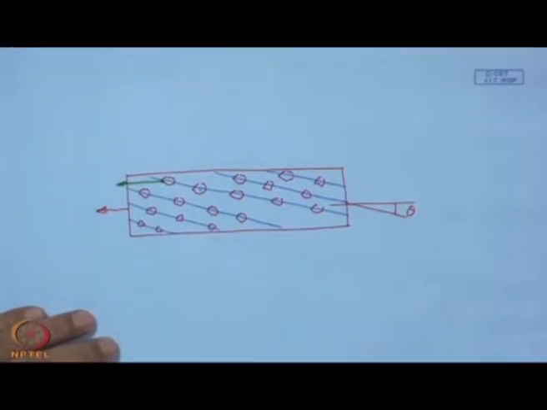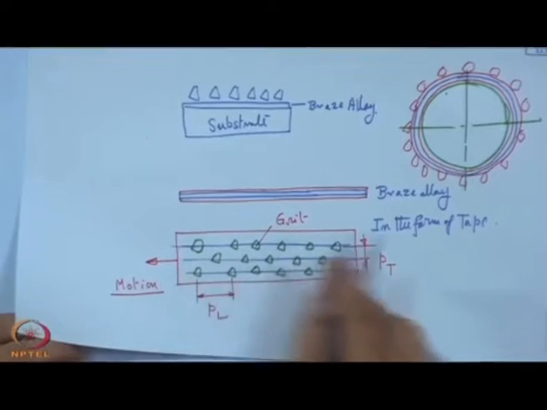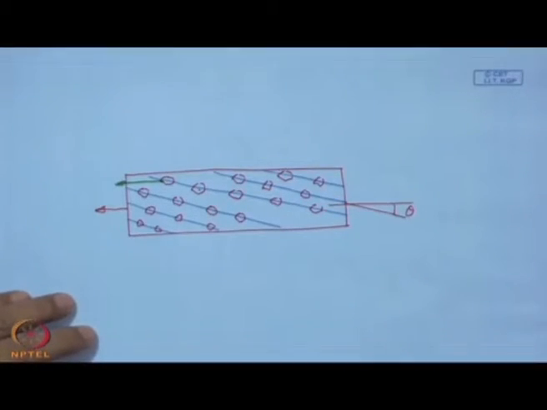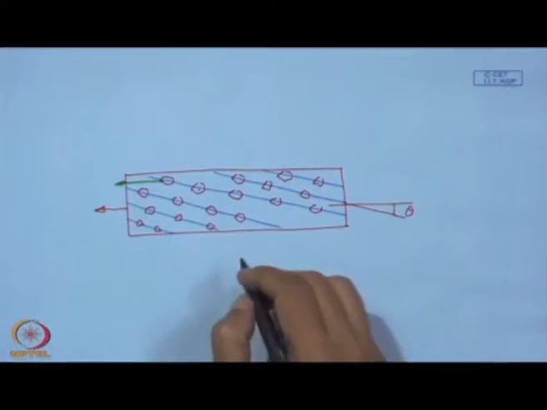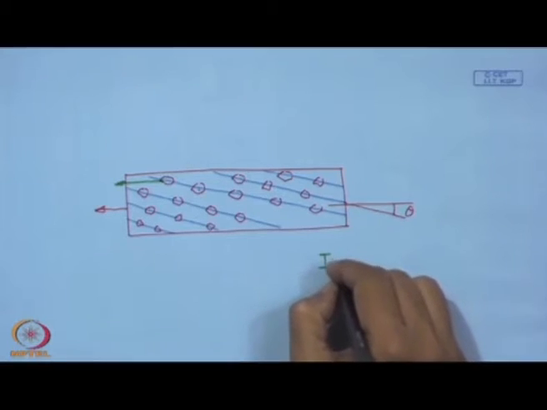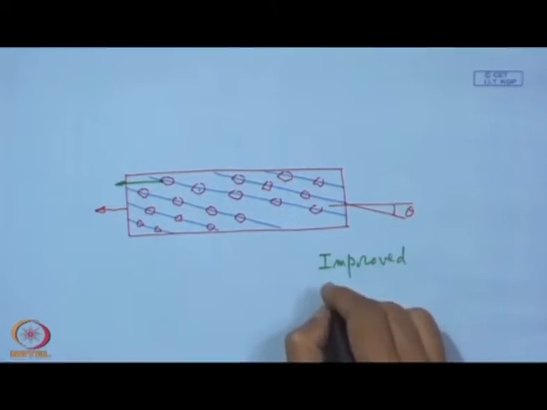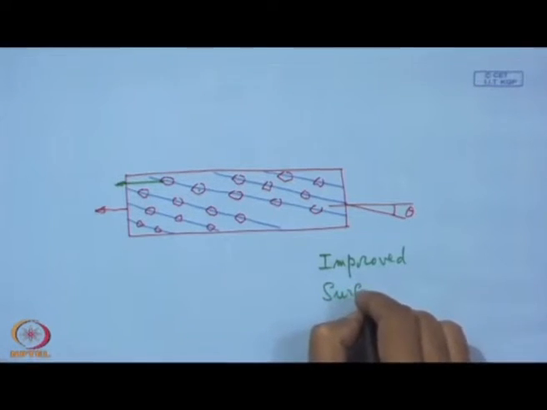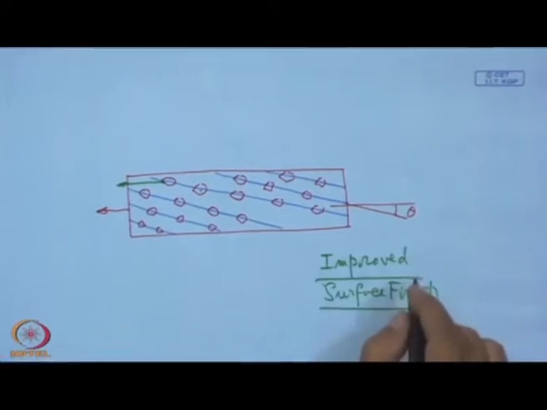Compared to this one, where we get just 3 lines, here we get more lines with the same grit density, and with that we can achieve an improved surface finish, apart from free cutting action.